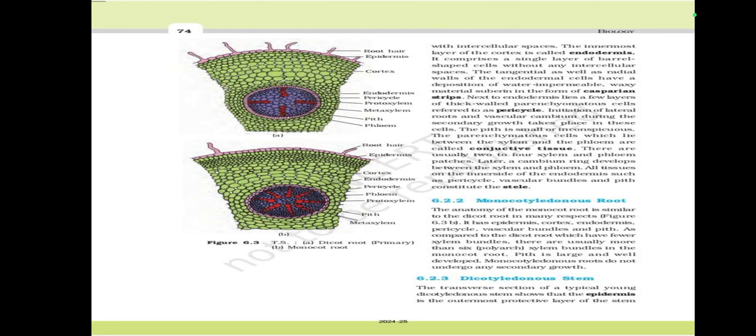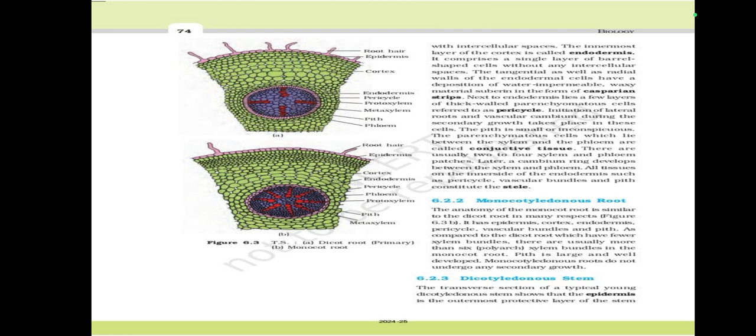It comprises a single layer of barrel-shaped cells without any intercellular spaces. The tangential as well as radial walls of the endodermal cells have a deposition of water-impermeable waxy material suberin in the form of Casparian strips.